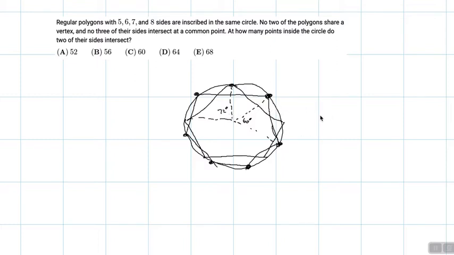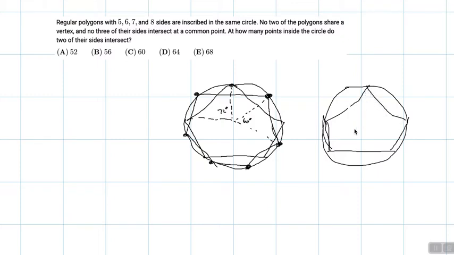And even for an example of, let's say now we look at the regular pentagon. And let's even think about a shape with more vertices.